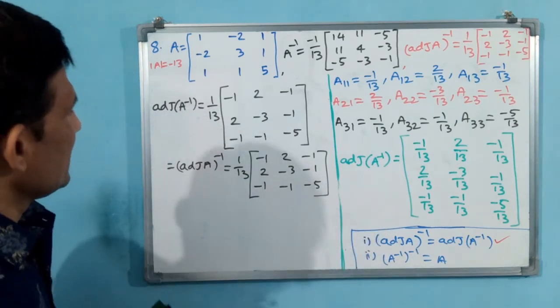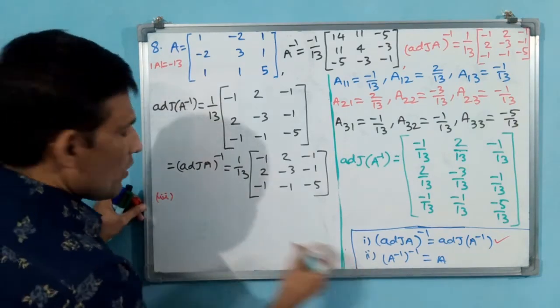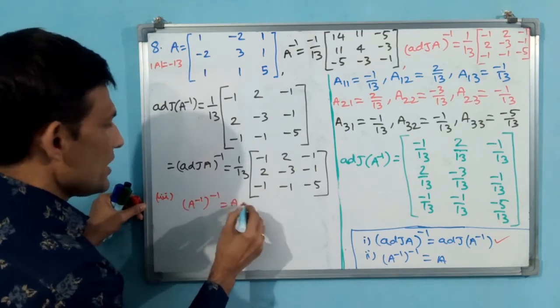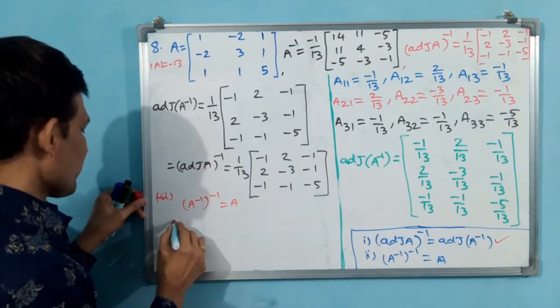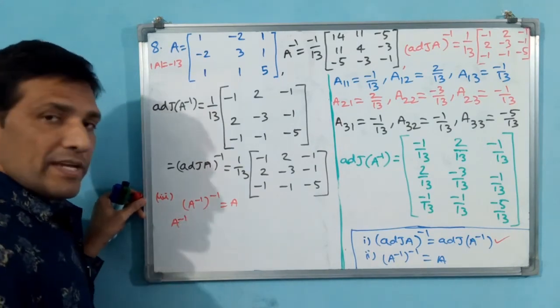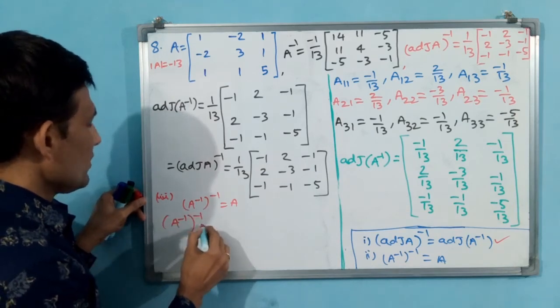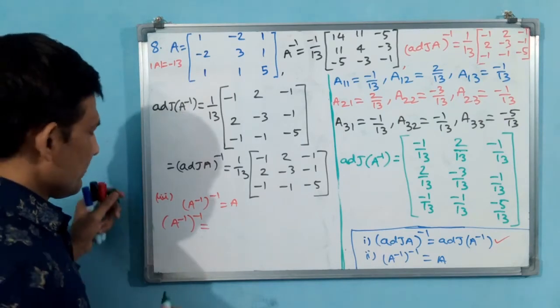You see what I am writing. We have to prove A inverse whole inverse is equal to A. LHS is equal to RHS. A inverse whole inverse is equal to, what formula are we using here?